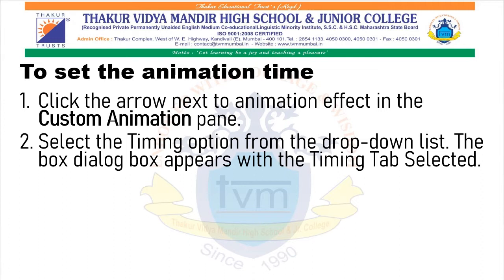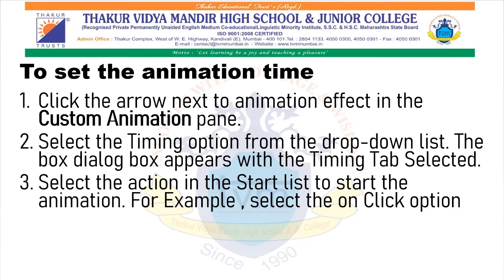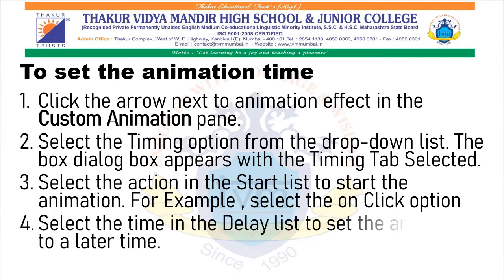Third, select the action in the start list to start the animation. For example, select the on click option. Fourth, select the time in the delay list to set the animation to start at a later time. That is, we can set after how much time the animation will be played.